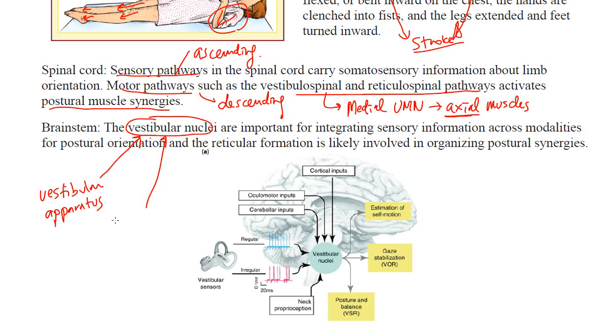And also visual information is fed directly to the vestibular nuclei, and the example was the vection. So by moving the large area of the visual field slowly, we can actually sense the movement. So that's an illusion, but that's done by direct connection between the visual information to the vestibular nuclei.